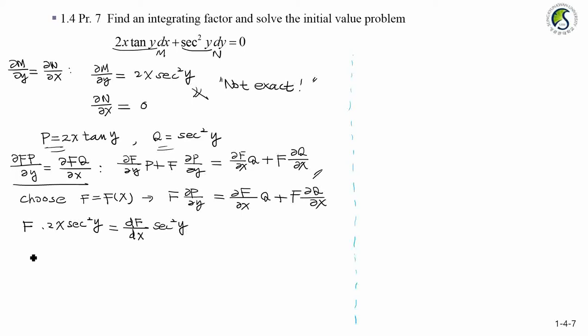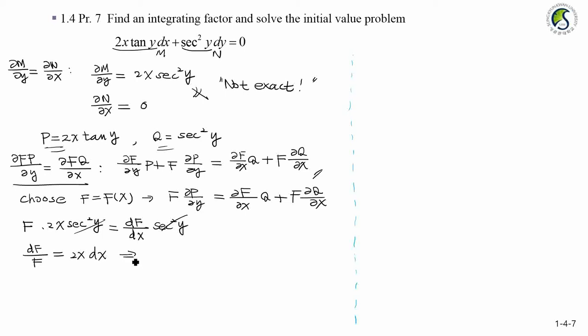We have to make it separate, right? So we have to put all the df's on the left hand side and the rest of the terms on the right hand side. So df over f equals, secant squared cancels on both sides, so 2x dx. Okay, it's not that horrible.